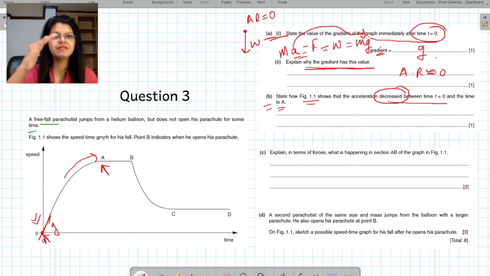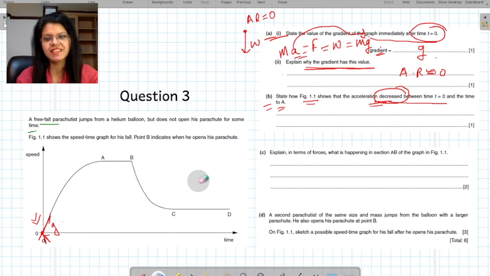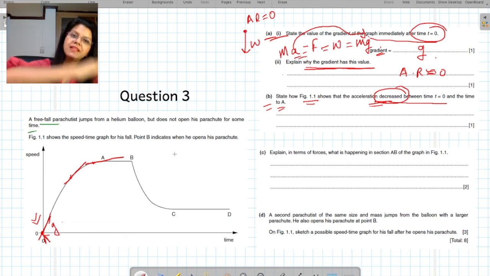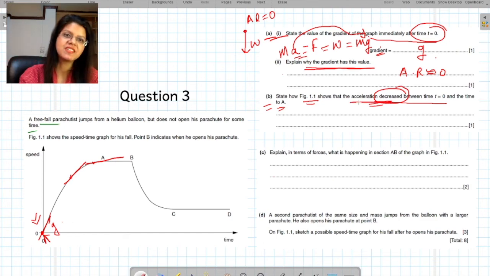A downward going curve means decreasing acceleration. So whenever the curve is a downward going curve, it is a decreasing acceleration, or you can visualize plotting some tangents. If you plot a tangent here, it would look something like this. And if you plot a tangent here, it would look something like this. The tangents are going down. So therefore, the acceleration is going down.